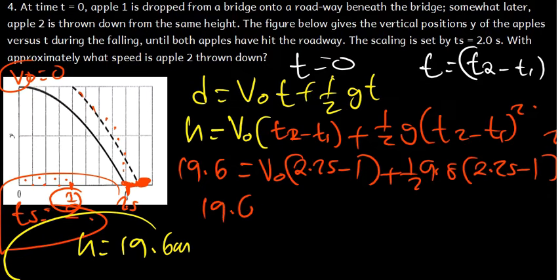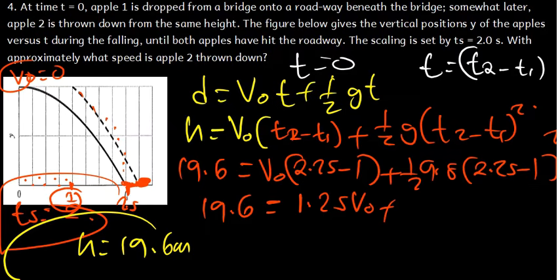So 19.6 is going to be equal to 2.25 minus 1, which gives 1.25, times v initial, plus 2.25 minus 1, then we have to square it. The answer gives me 1.5625. I do times 9.8, then divided by 2.